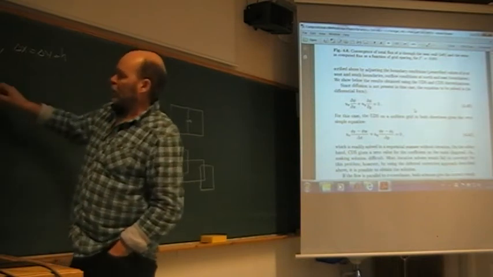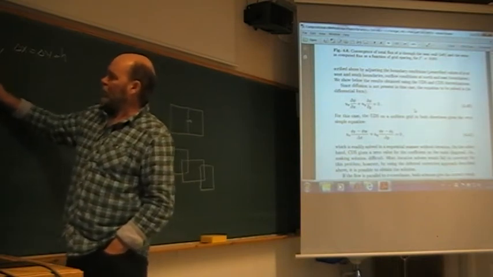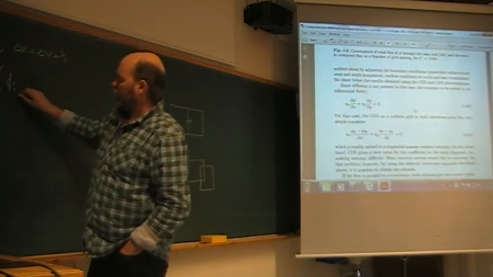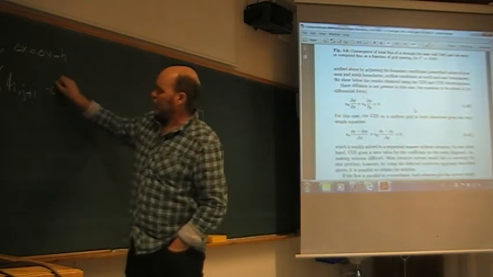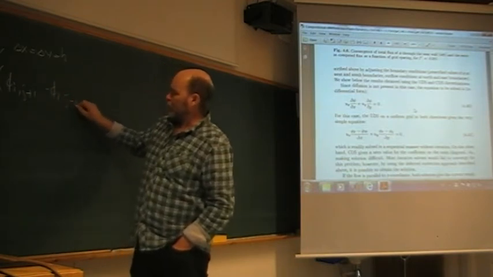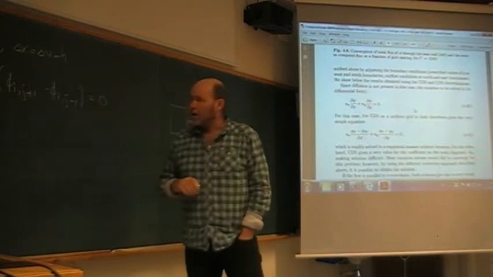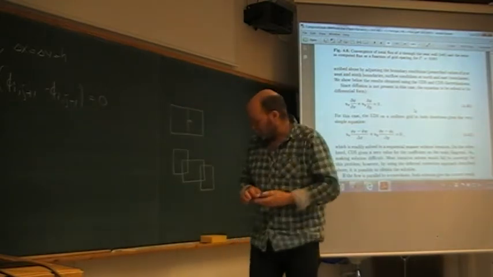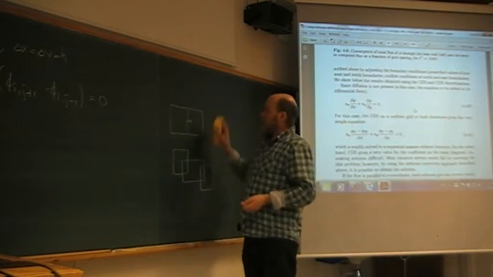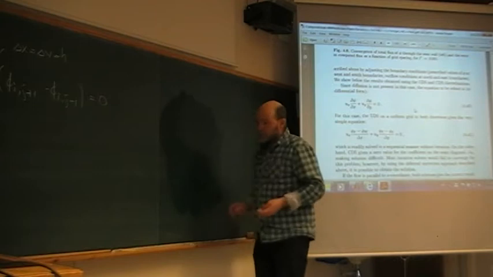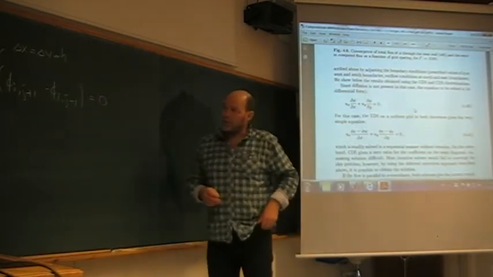And then you will have the same here, v over 2 delta y, phi i j plus 1 minus phi i j minus 1, and then equal to 0. And this then is a second order accurate scheme, so the error is of order delta x squared and delta y squared.